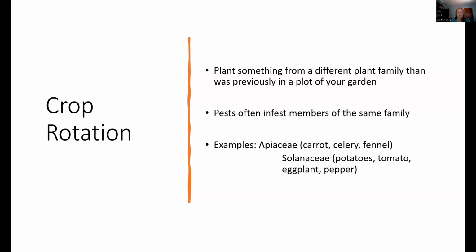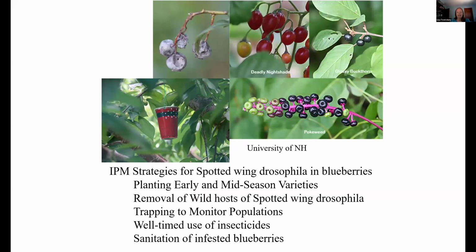And then one of the pests that we have in blueberries in the Northeast, not quite sure how far it goes, but has been for quite a few years now, is a fruit fly in blueberries. But it's not a fruit fly that just comes along when fruit is ripening or rotting, past ripe, because that's the way most of our fruit flies have been.